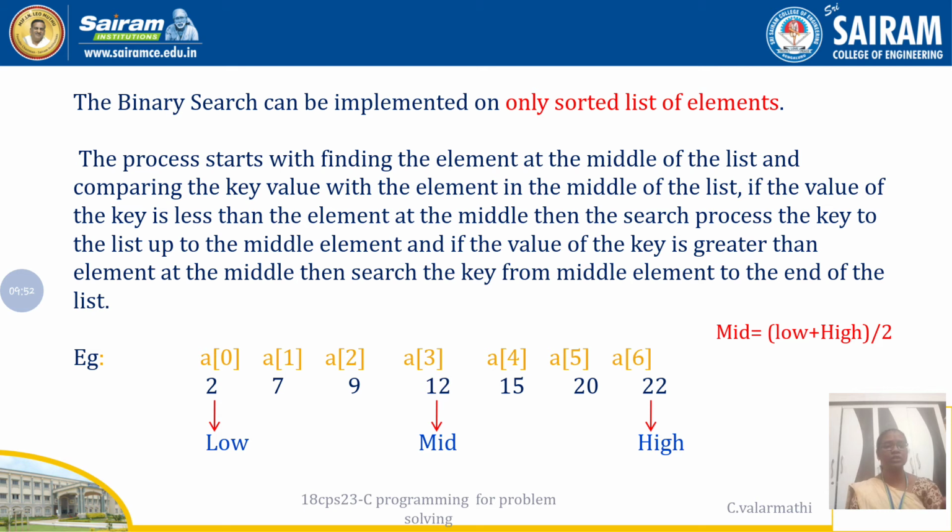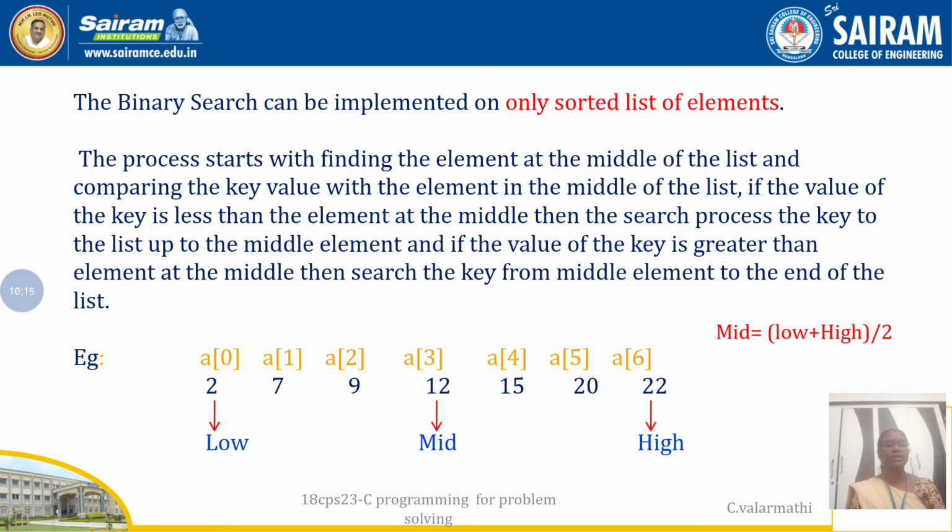So coming to our point, after finding the mid, it will compare the searching value with A of mid. Here A of mid is 12, and my searching element is 15. So 15 is greater than A of mid. Then obviously it will go and search the rightmost part.